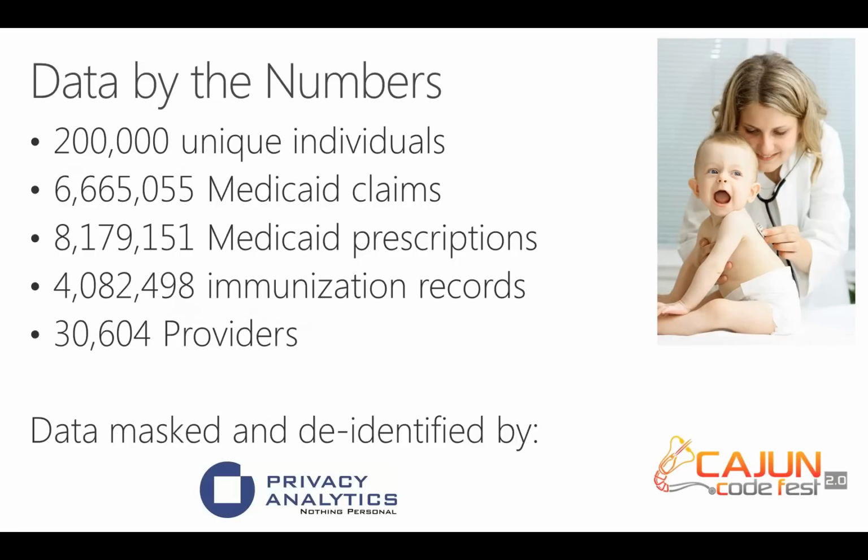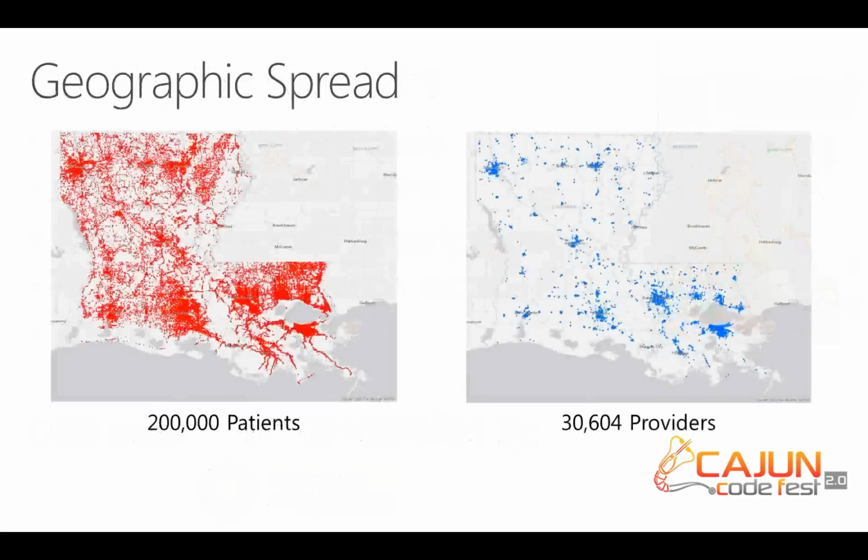Next slide, please. Just a quick overview. For the 200,000 patients, we wanted to help you visualize where they are in the state as well as where our providers are located. This is a statistically representative sample and distribution of both providers and patients.